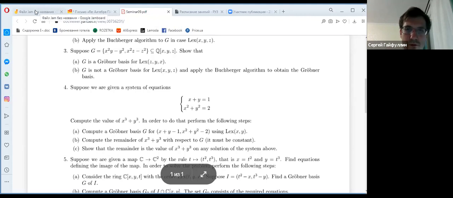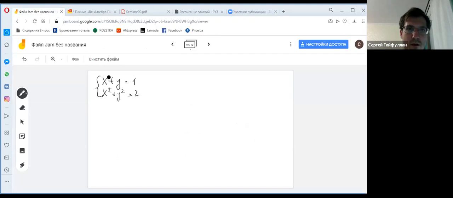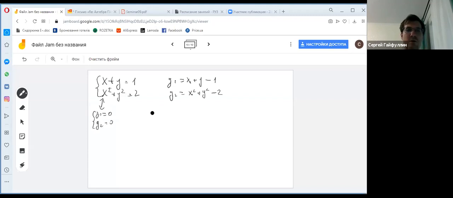Okay, we have polynomial G1 equal to x plus y minus 1, and G2, which is equal to x squared plus y squared minus 2. So of course, this system is just G1 equal to 0 and G2 equal to 0. And now we want to compute the Gröbner basis of these two.